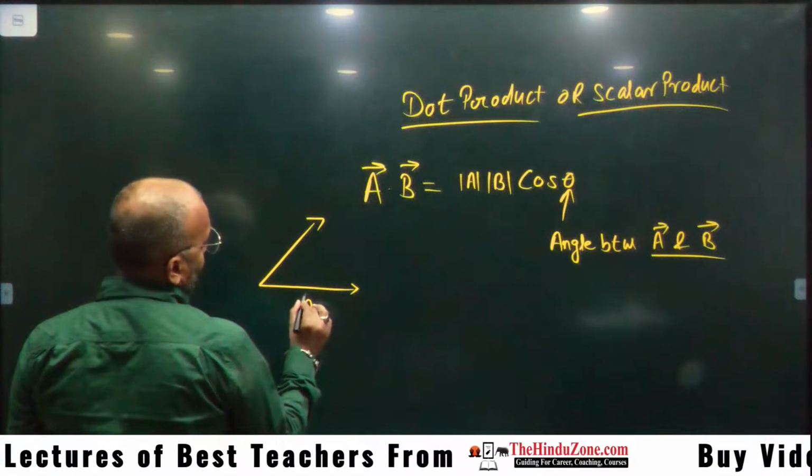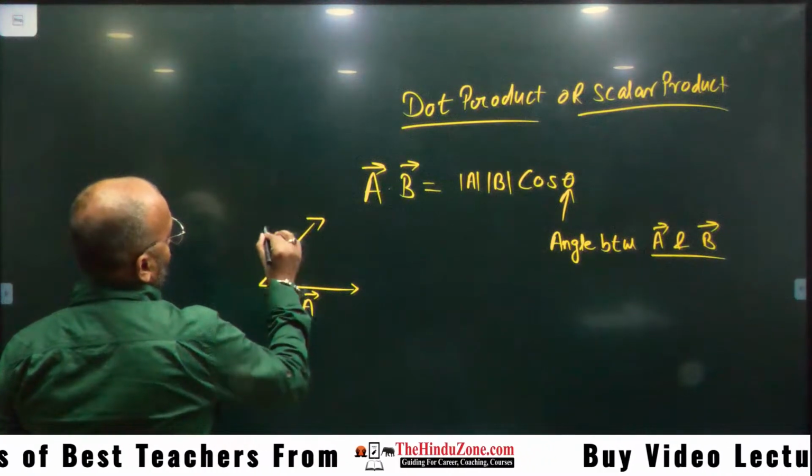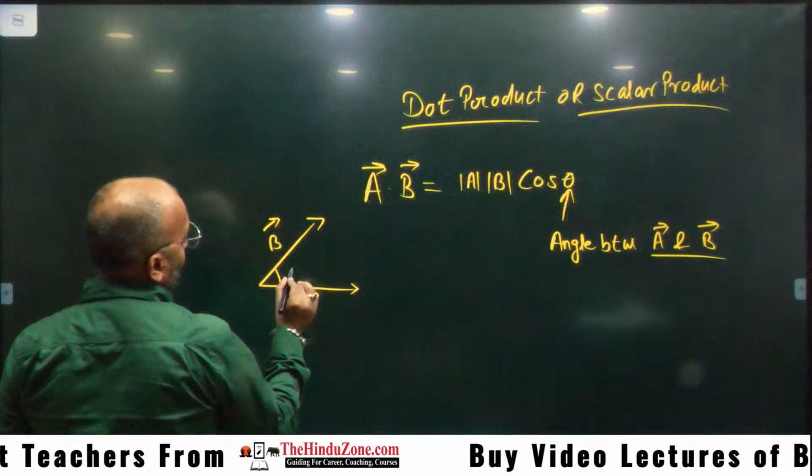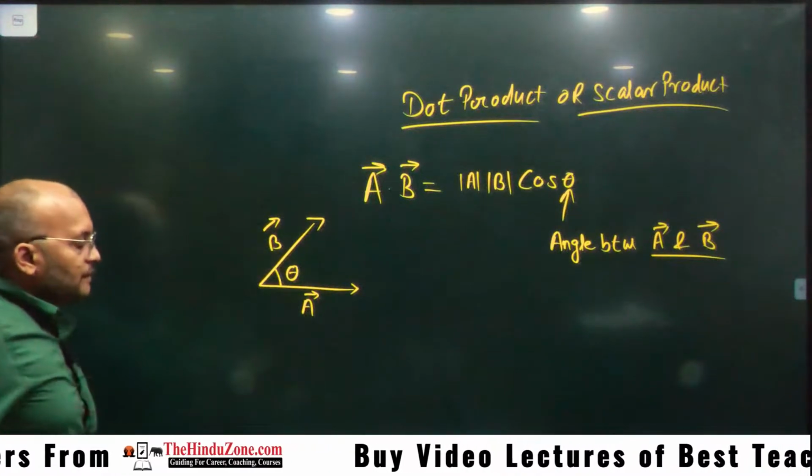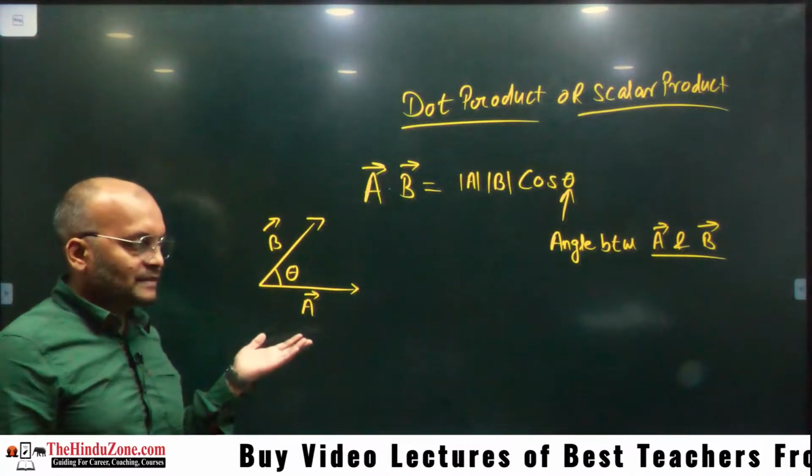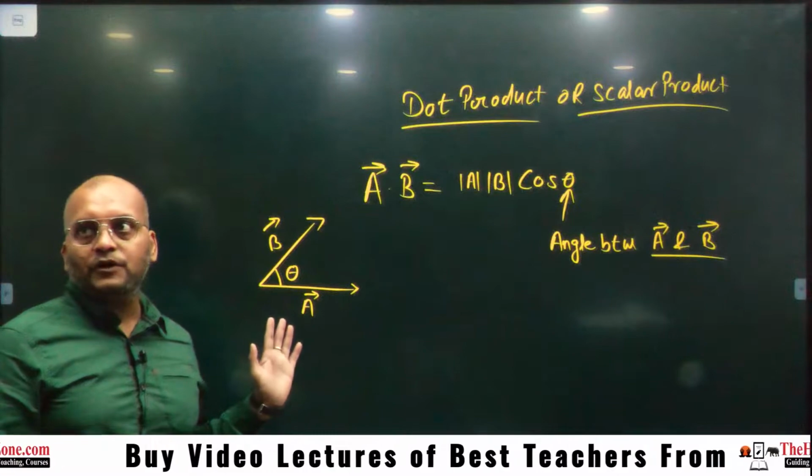This is vector A and this is vector B, and the angle between them is theta. So dot product means, please see what is the meaning of dot product.